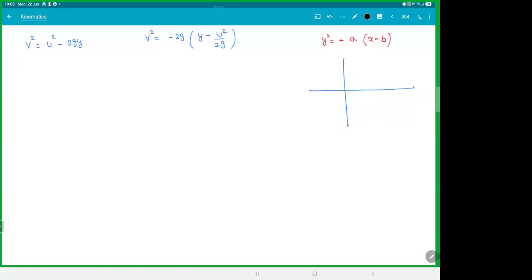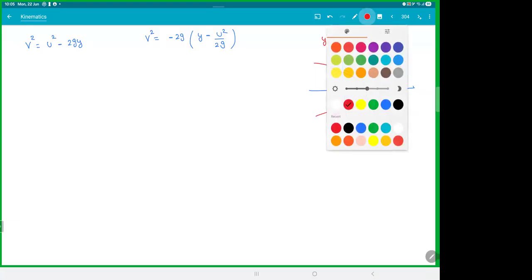Minus y square is equal to x is a horizontal parabola. Minus meaning leftward parabola. X is equal to minus b meaning you shifted the parabola by b to the right. So this point was b comma 0. So that is how the graph should look like.